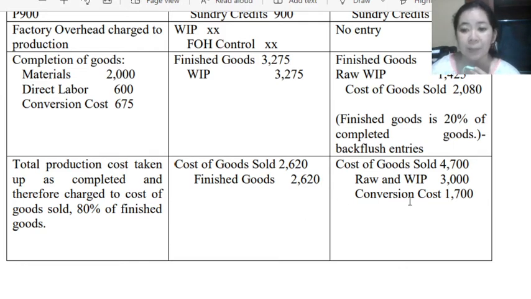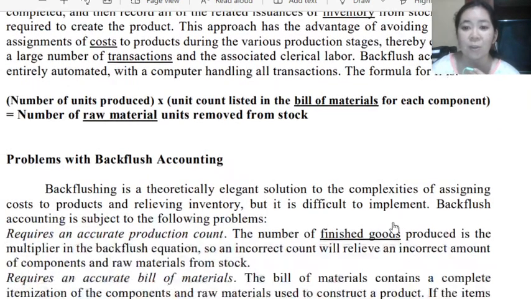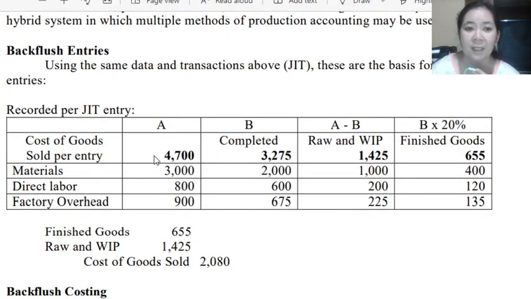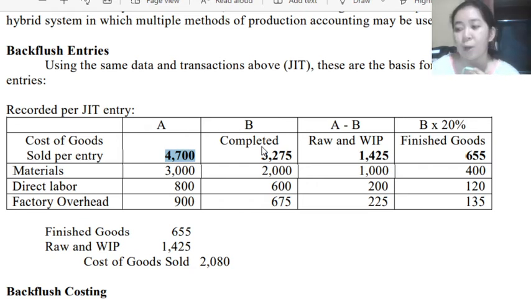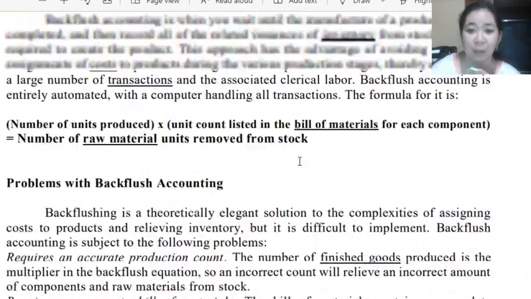Whereas for the just in time journal entries, our entry will be to debit cost of goods sold 4,700. This 4,700 from the table is the total of all the items: 3,275 completed plus raw and work in process of 1,425.